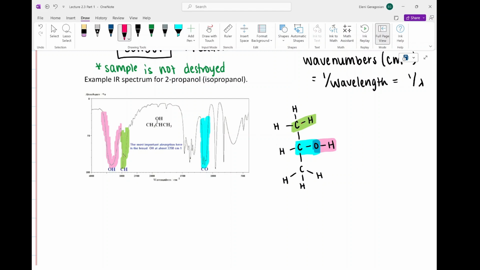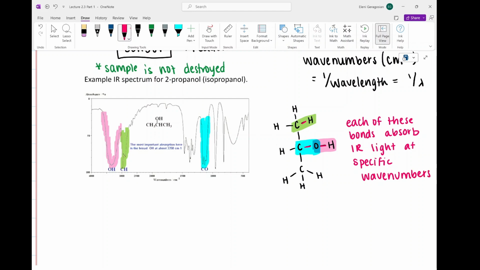Each of these bonds, I'll highlight them in pink here, absorb IR light at specific wave numbers. That's what we're using to describe the energy, and so they show up as different peaks.